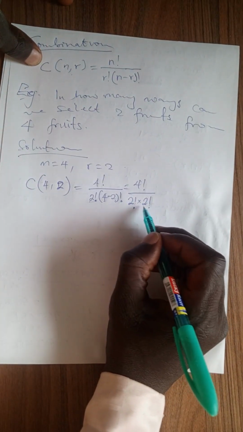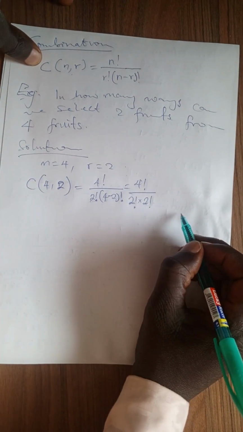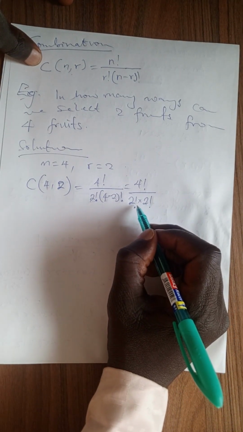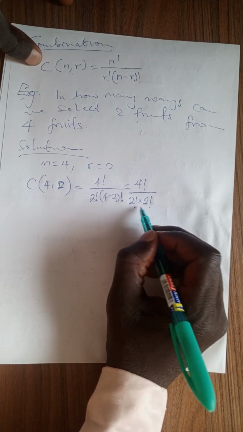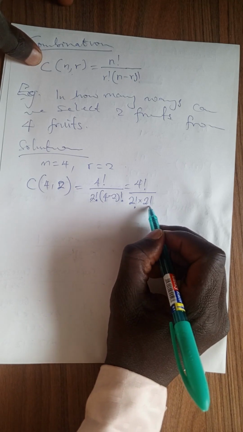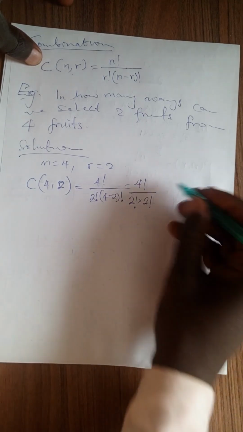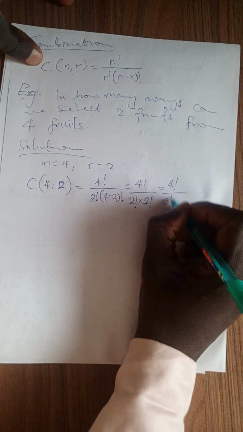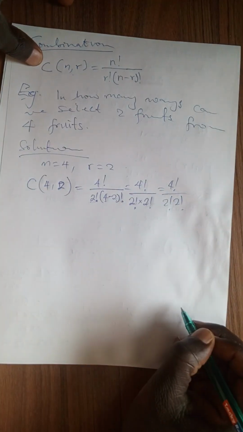You can write them side by side, which we always understand to be multiplication between the two, meaning 2 factorial times 2 factorial.